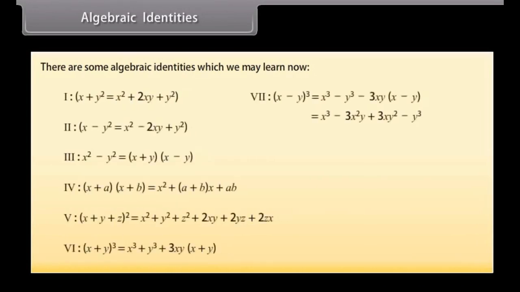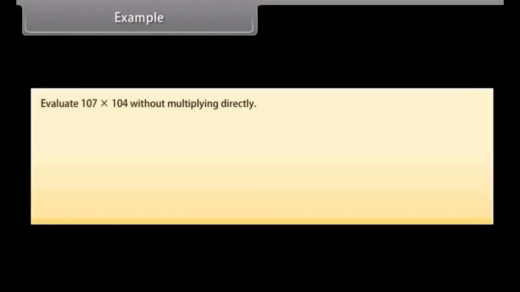Algebraic identities. There are some algebraic identities which we may learn now. Example. Evaluate 107 x 104 without multiplying directly.